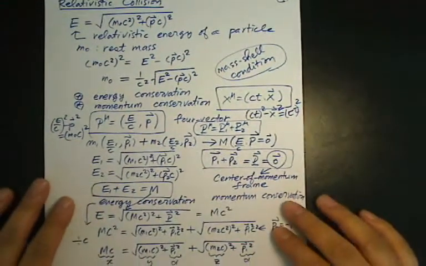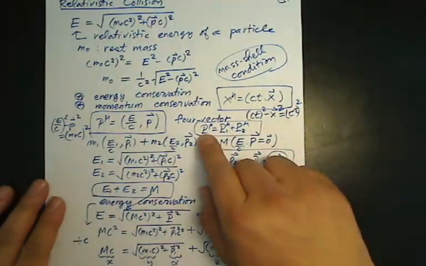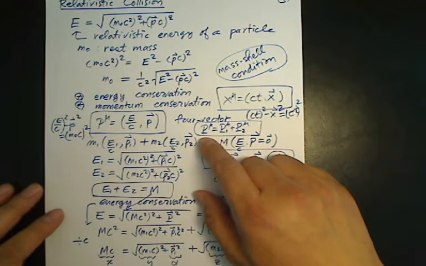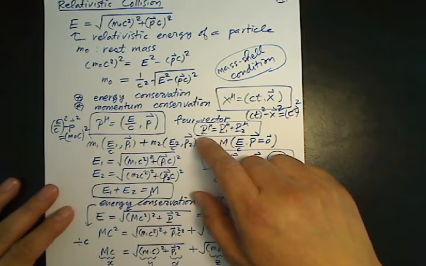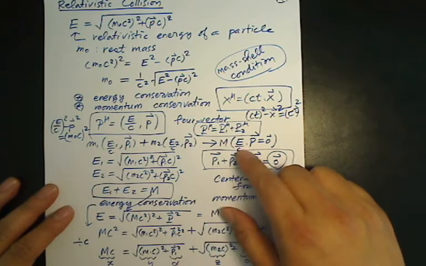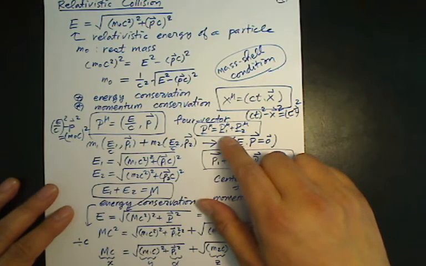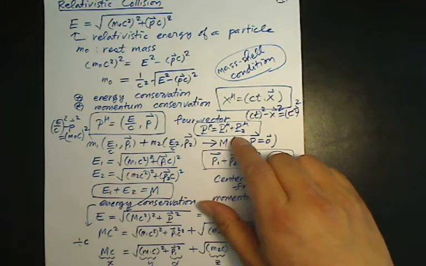Therefore, four-vector conservation states that the total four-momentum of the final state should be the same as the sum of the two four-momenta.